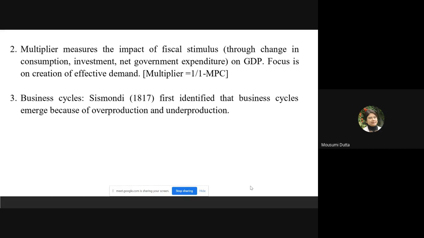Similarly, I mentioned the meaning of multiplier. At the aggregate or macro level, there will be some fiscal stimuli, and that fiscal stimuli may come in terms of improvement in consumption expenditure, investment capacity, or net government expenditure, an increase in government expenditure.